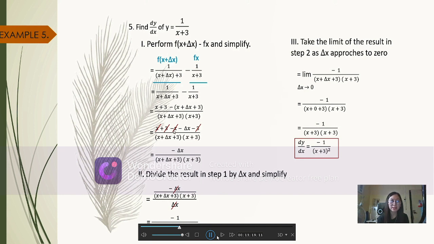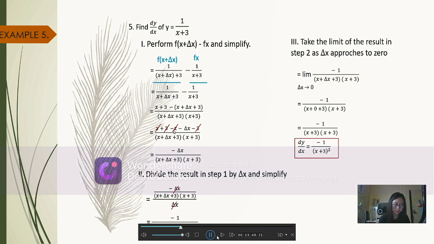So, ang magiging sagot, pag na-simplify na, is 1 over x plus delta x plus 3. So, ang f of x naman natin is minus 1 over x plus 3. So, simplify ulit natin siya. Magiging 1 over x plus delta x plus 3 minus 1 over x plus 3.